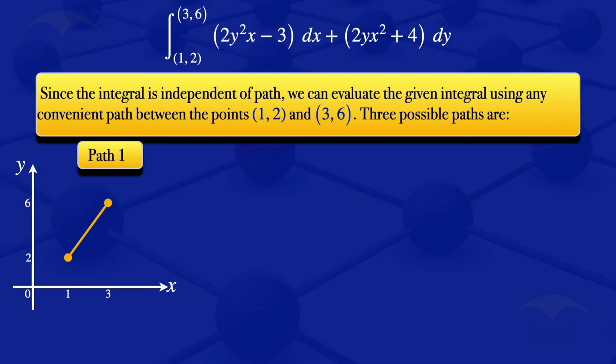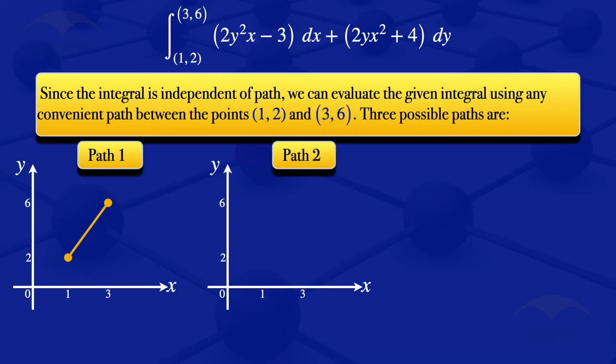I can look at another path. I draw my axes and put my point (1, 2). From (1, 2), we move to the point (3, 2), then from (3, 2) we move to the required point (3, 6).